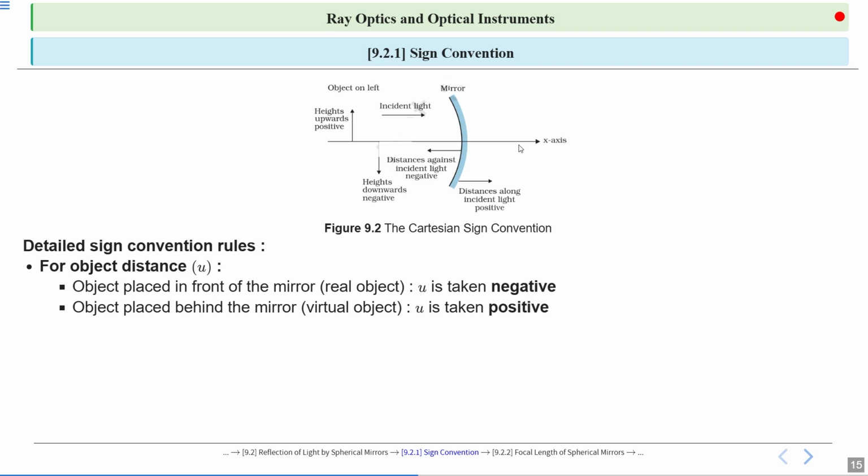That is called a virtual object. So an object placed behind the mirror is a virtual object, and in that case u is taken positive.